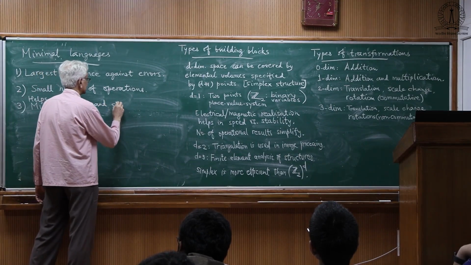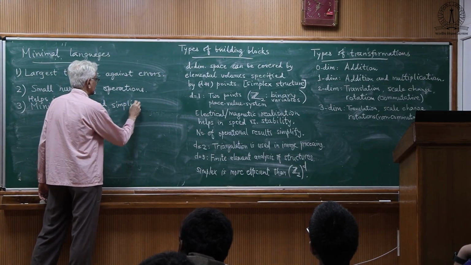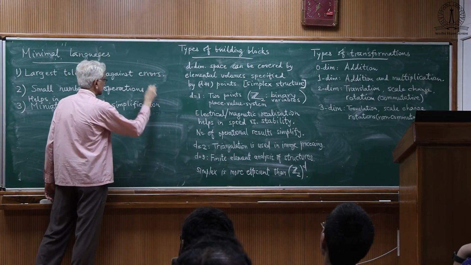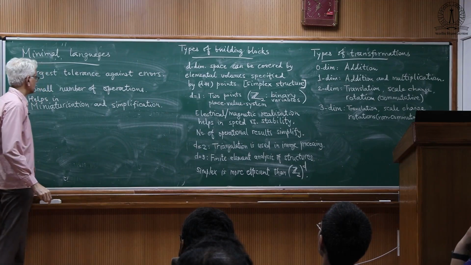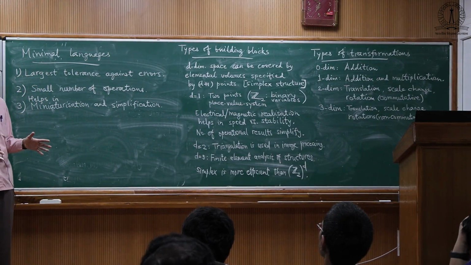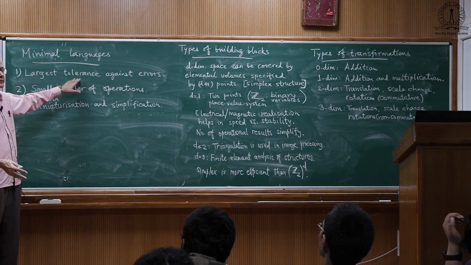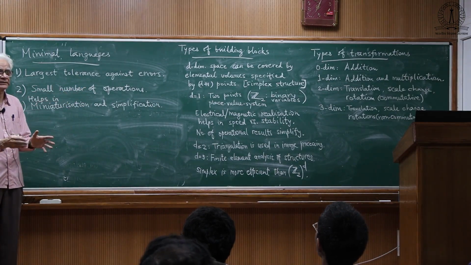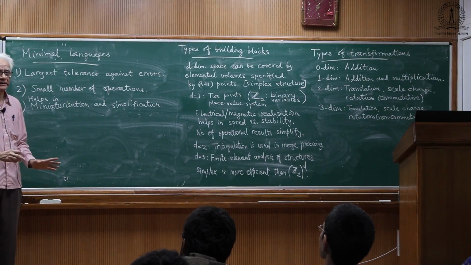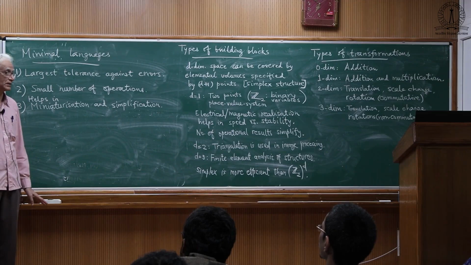I already pointed out the difference between 10 by 10 tables and 2 by 2 tables. When you include both these features, largest tolerance and small number of operations, it helps in miniaturization and simplification of a computer design.